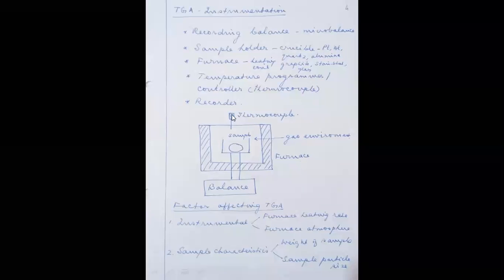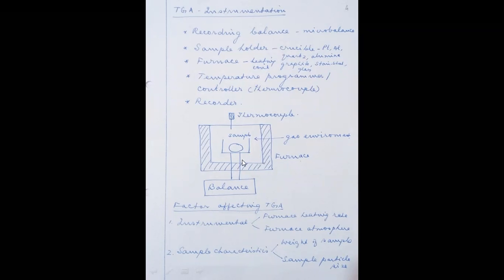Actually, here is the thermocouple. Thermocouple is the device which can measure the temperature accurately. This is the thermocouple. And here is the sample holder. This is the sample holder inside which the sample is kept.